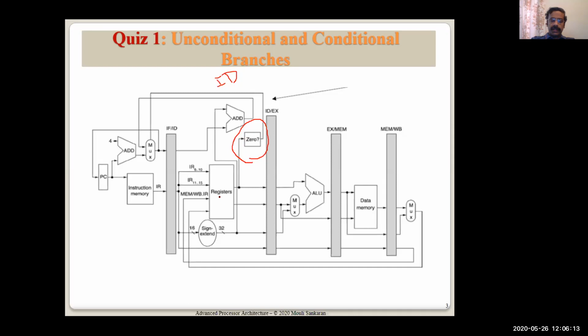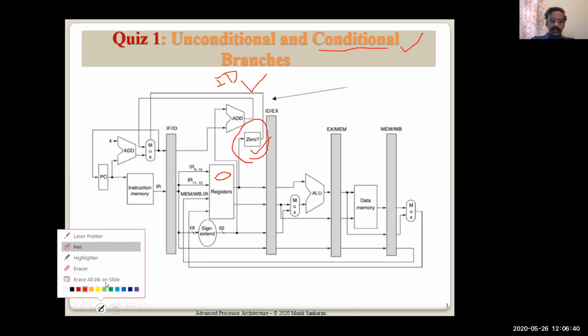As I told you yesterday, the register set has the flags also, and any control instructions, especially the conditional instructions, if they need to check any flags, they can do it in the ID stage and take a decision whether to branch to a particular location or continue with the sequential execution. So that decision is also taken here.